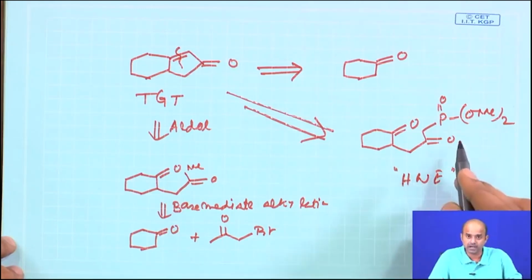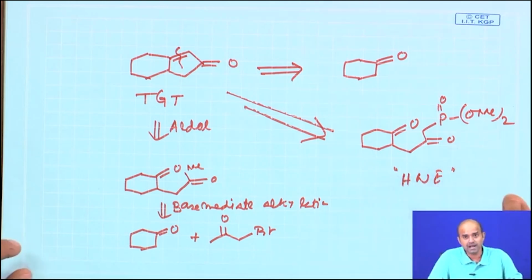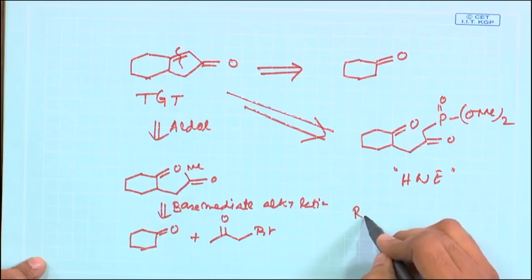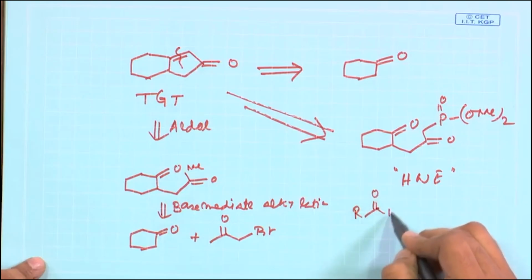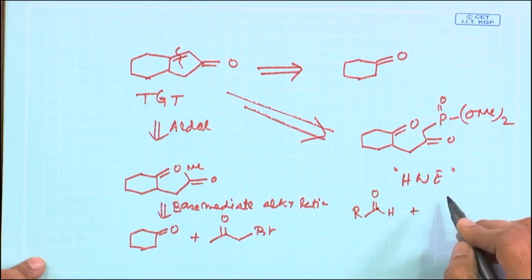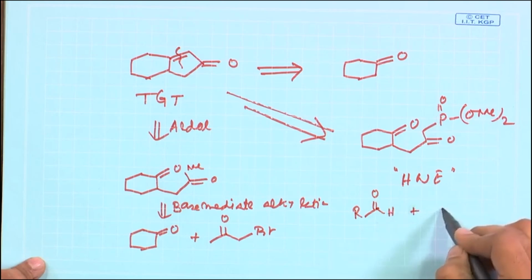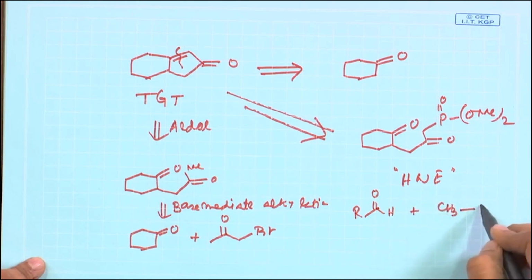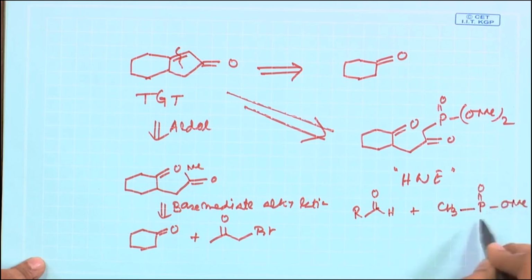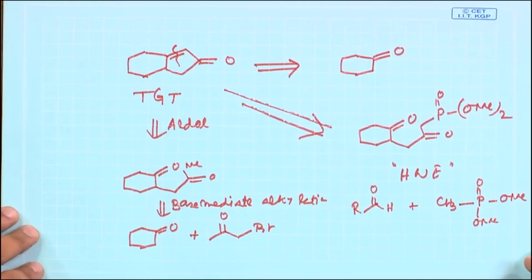In a standard Wittig reaction, what we do? We react an aldehyde or carbonyl compound with a Wittig ylide, but here we will be reacting an aldehyde or carbonyl compound with a phosphonate ester. Now, phosphonate ester is basically something like this. The mechanism is in principle similar.